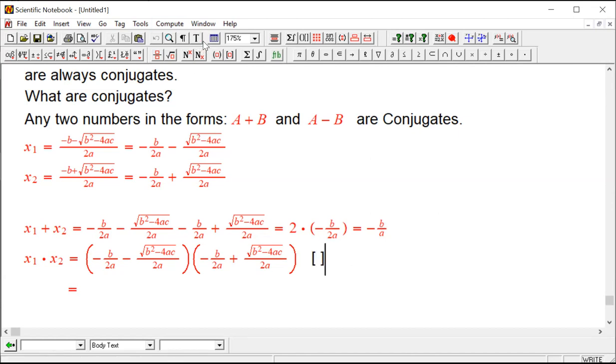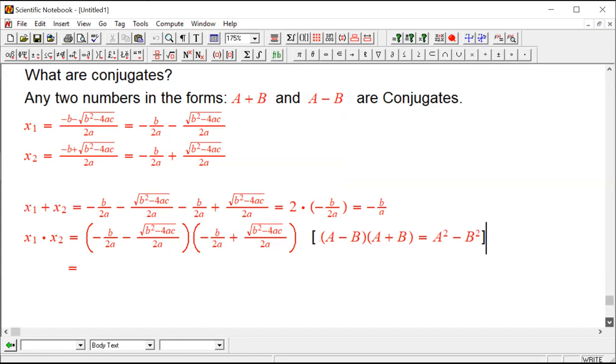Okay, so we have a minus b. This is a minus capital B. So a minus b times a plus b, right? We know that equals a squared minus b squared.